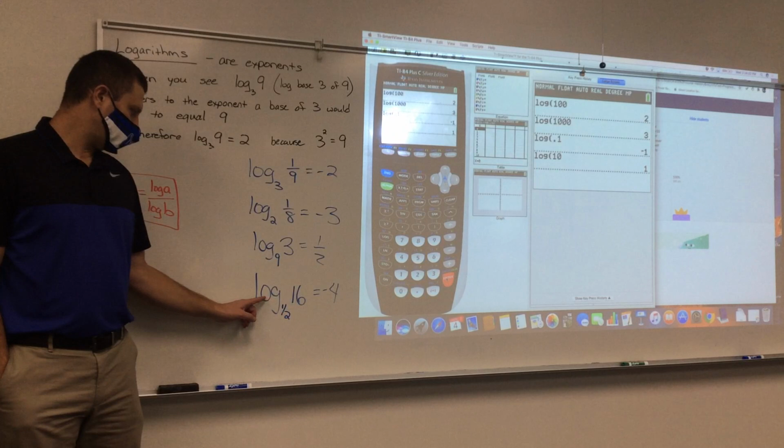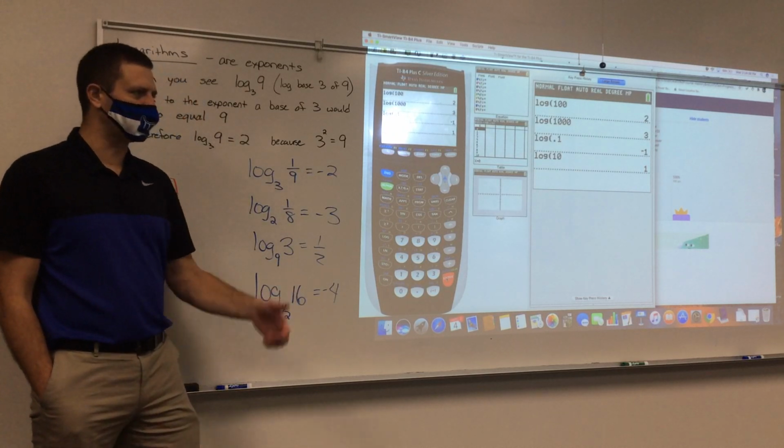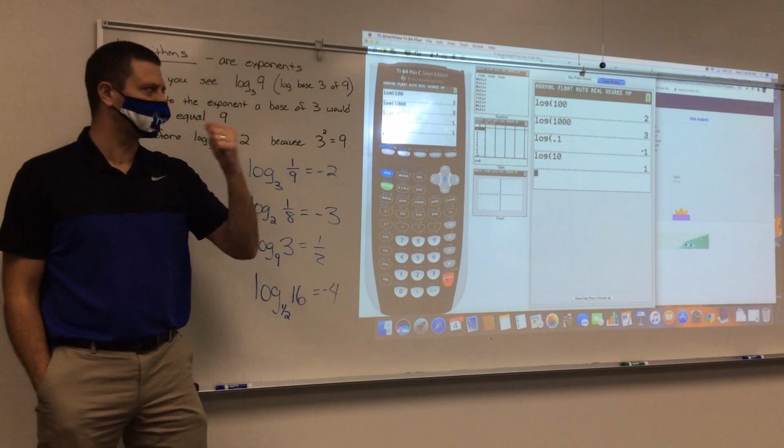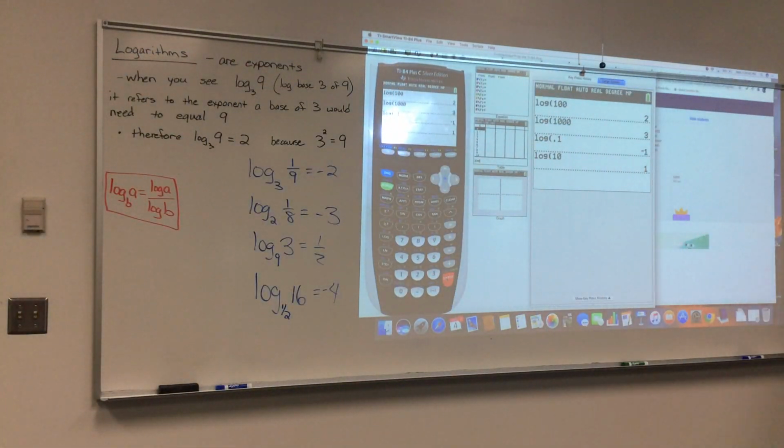If you can, you will just be able to type in log base 1/2 of 16, press enter, get your answer. On this calculator, I can't type in different bases, so watch how I do it. Log of the big number, so that'll be log of 16, divided by log of the base, so the log of 1/2.